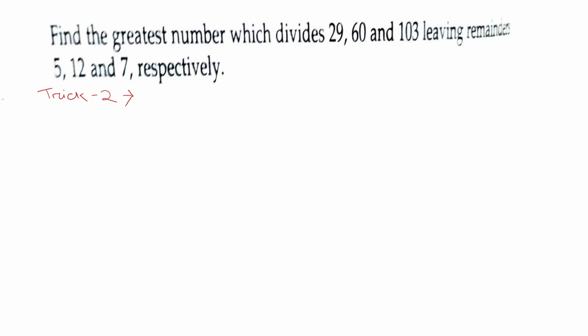Trick number 2 says: the greatest number which divides the numbers x, y, z leaving the remainders a, b, c.